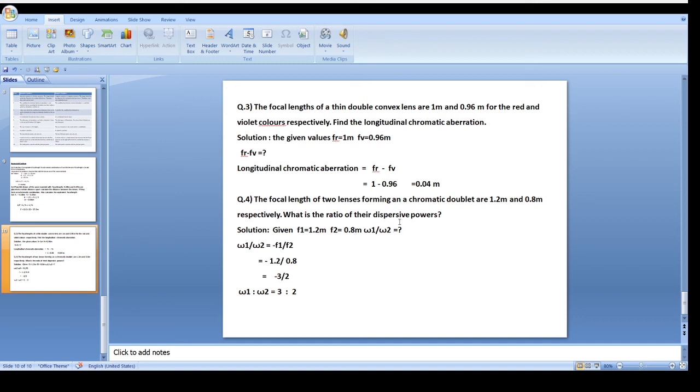Omega 1 by omega 2 equals minus F1 divided by F2, which is 1.2 divided by 0.8, equals minus 3/2. In conclusion, considering the ratio positively, omega 1 to omega 2 equals 3 is to 2.